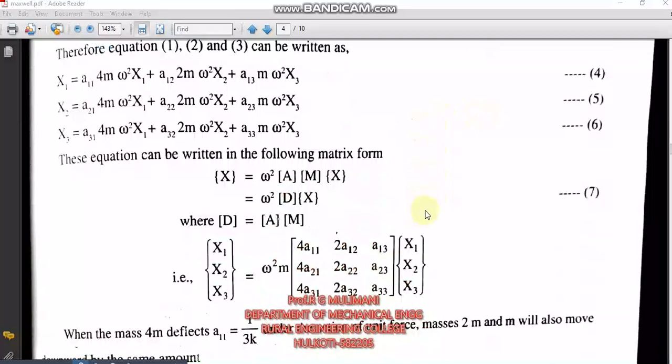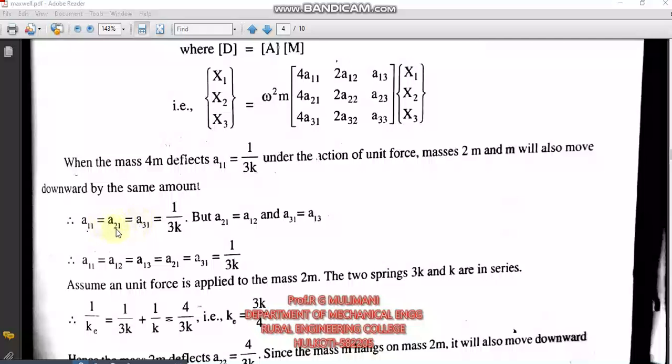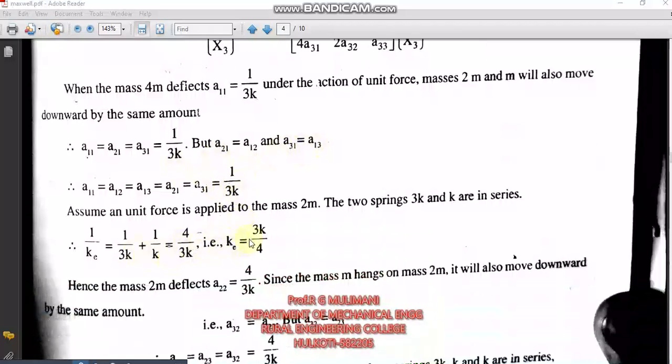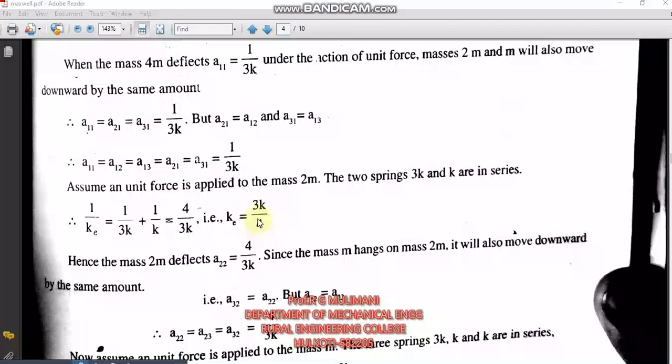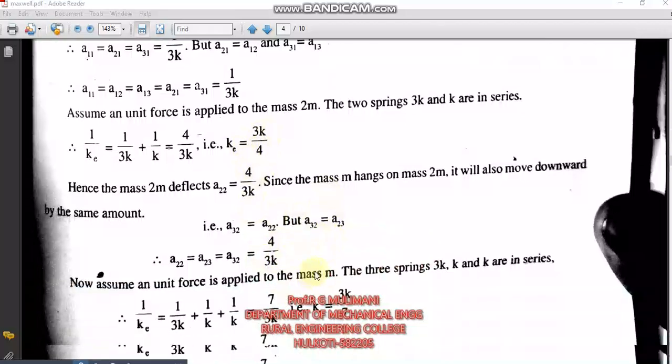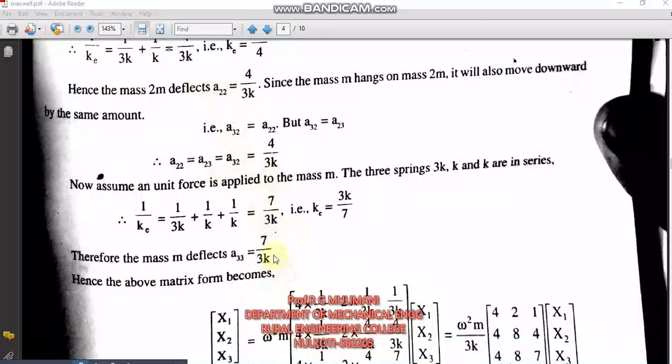So now we have calculated all the influence coefficients. Substitute all the influence coefficients here. So a11, a21, a31, and by reciprocal theorems, a21 is equal to a12 and a31 is equal to a13. Similarly, when the unit force is applied at mass 2, mass 3 will deflect by the same amount. So a22 is equal to a32, a32 is equal to a23. So it is 4 by 3k. And when the unit force is applied at the third mass, it is 7 by 3k. In all the influence coefficients, 1 by 3k is common.